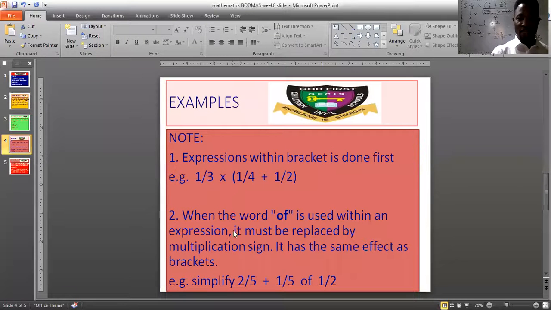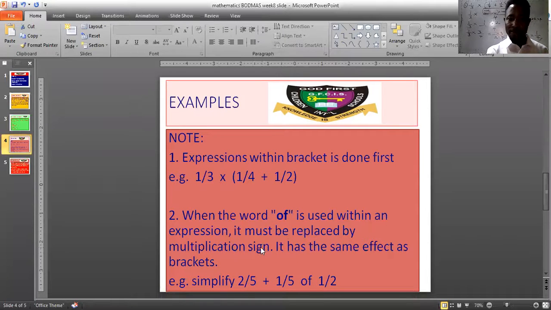So the next one says, when the word "of" is used within an expression, it must be replaced by a multiplication sign. I said in my explanation as I started the class that "of" in any operation or any mathematical problem means multiplication. So whenever you see "of", you change it to a multiplication sign.